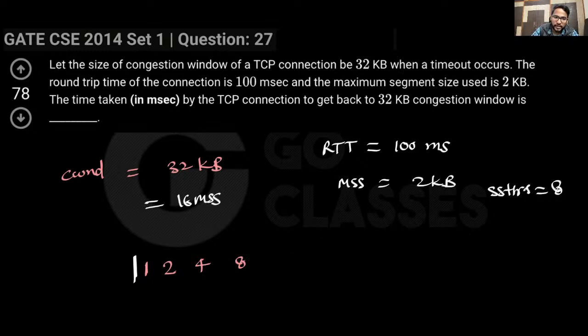Then you will say this is 9, 10. They are asking how long until you get to 16: 9, 10, 11, 12, 13, 15, 16. So how many RTTs do you have till 16? This is 1, 2, 3, 4, 5, 6, 7, 8, 9, 10. So you have 10 RTTs.